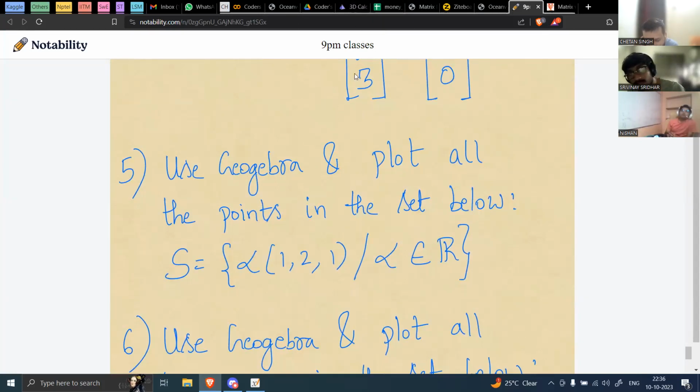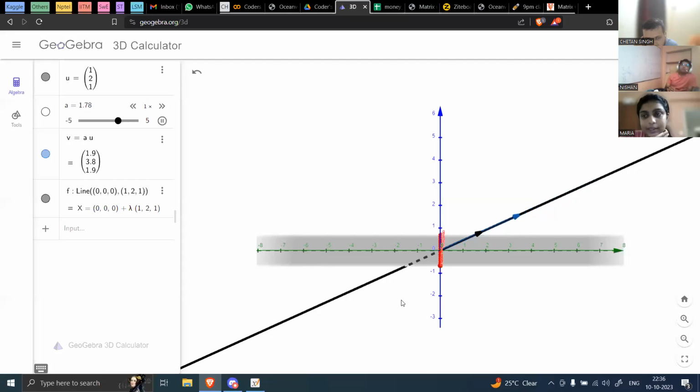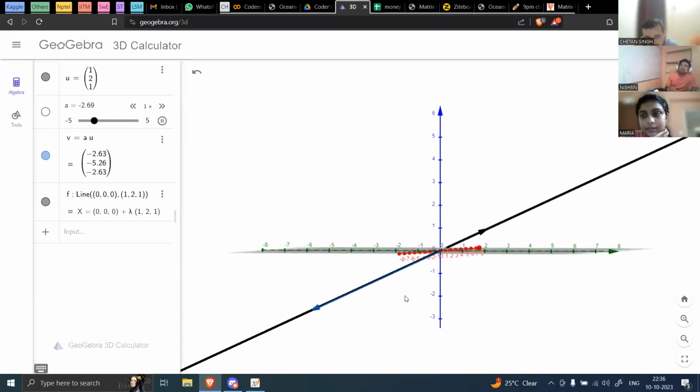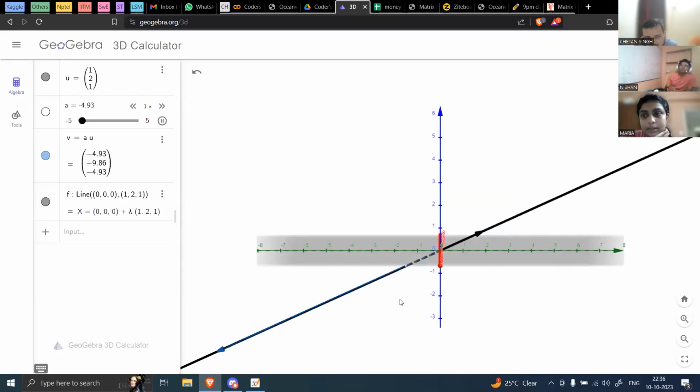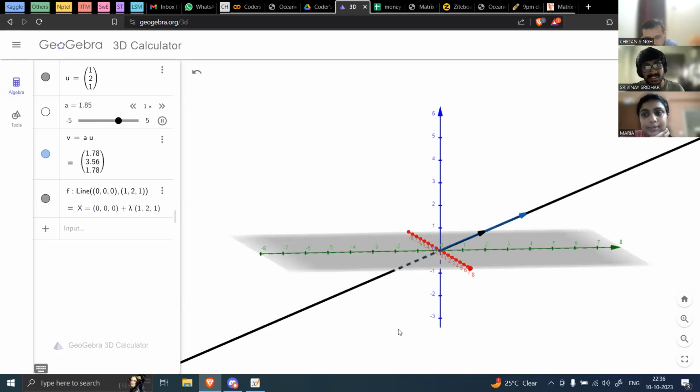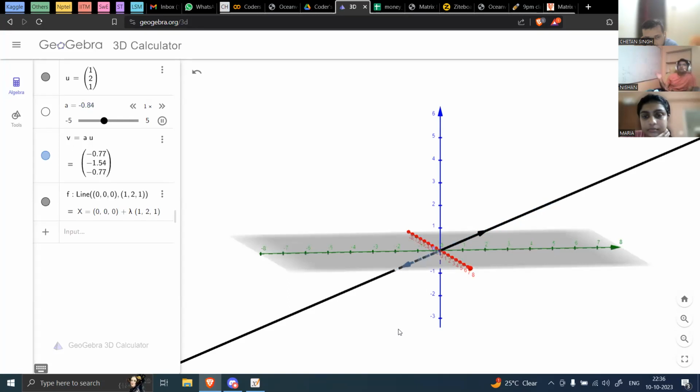Span of vectors. The simplest definition is wherever you can reach with a combination of vectors. But if I take a single vector and try to explain span, it's not the concept of span. Just in this case, what happens to be span? Because it is very simple now.